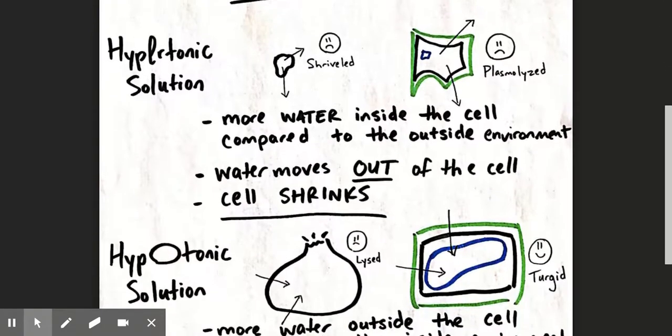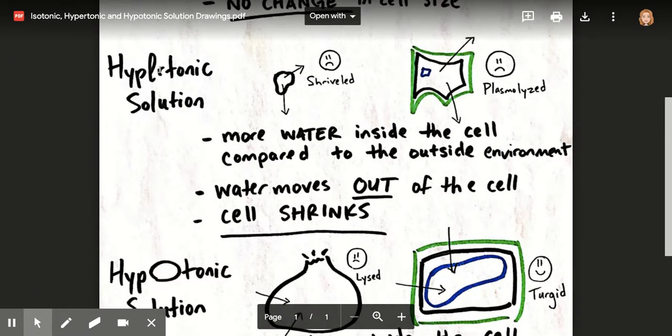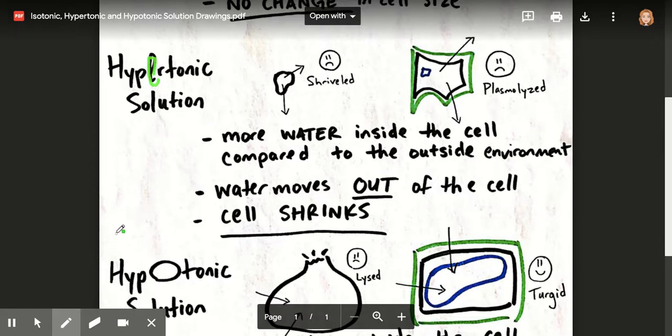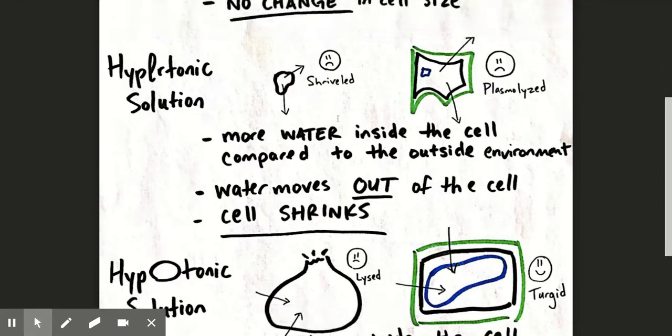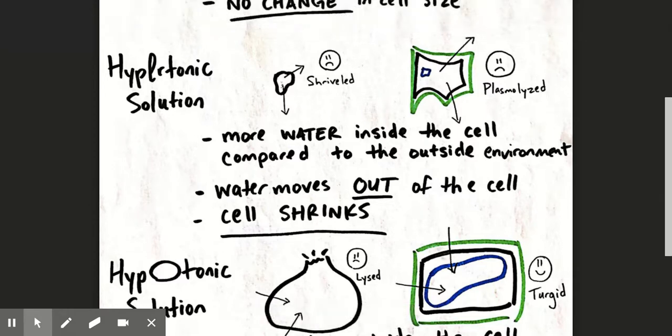As we move forward and take a look at hypertonic solutions or environments, you may notice that I made this E extra skinny. I stretched it out there. And I did that to hopefully get you to make a connection that in a hypertonic environment or solution, water is going to move out of the cell.